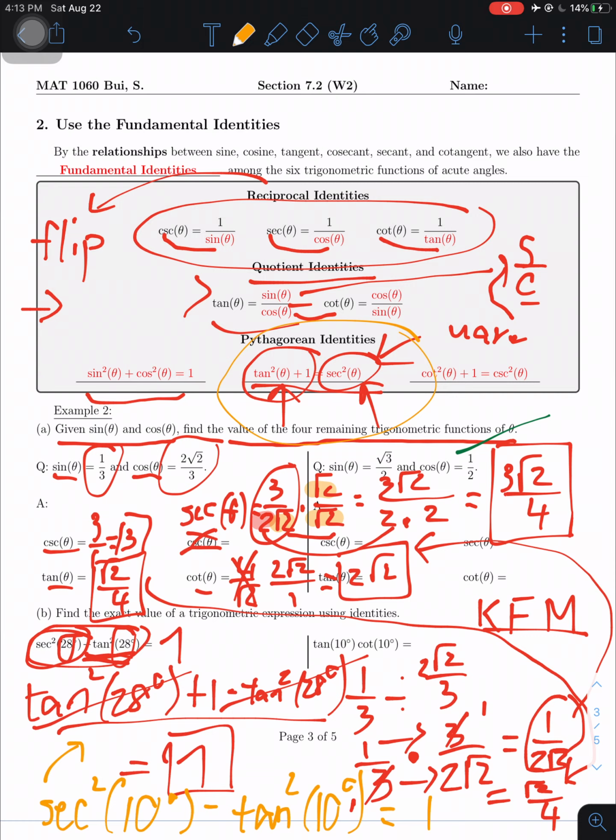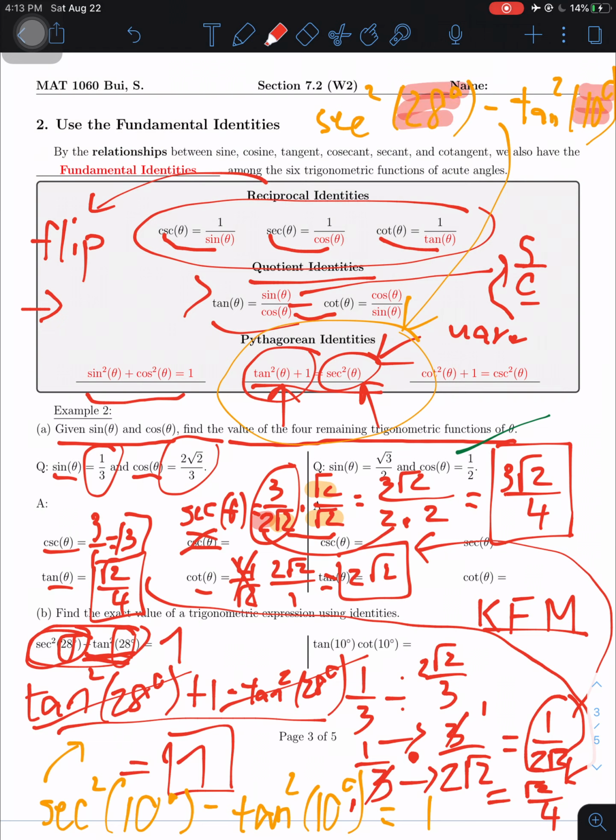Okay. A big no-no in here is that if I give you a problem, say secant square of 28 degrees minus tangent square of 10 degrees, this would not be applicable to this formula in here. Why? Because the angle that we have right here is not the same as the angle that we have right here.